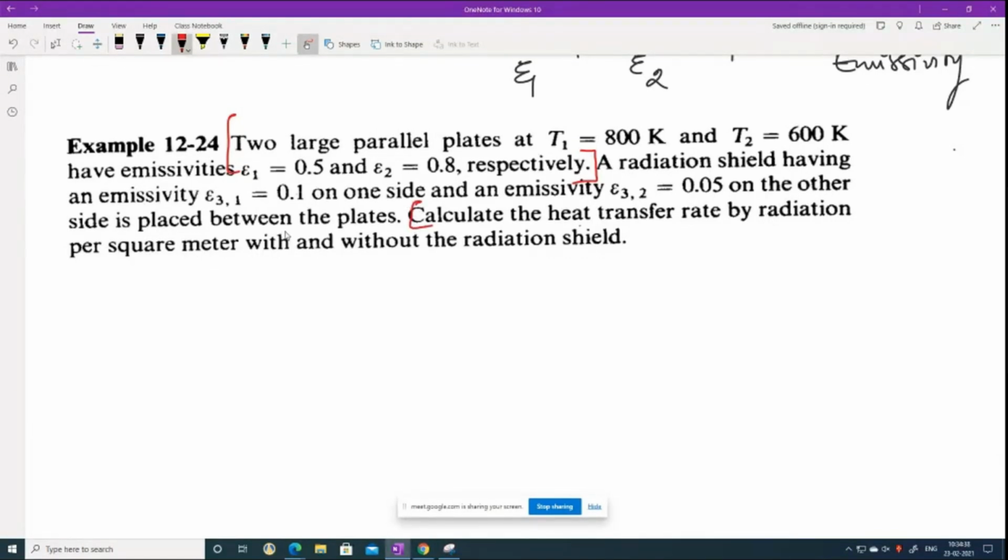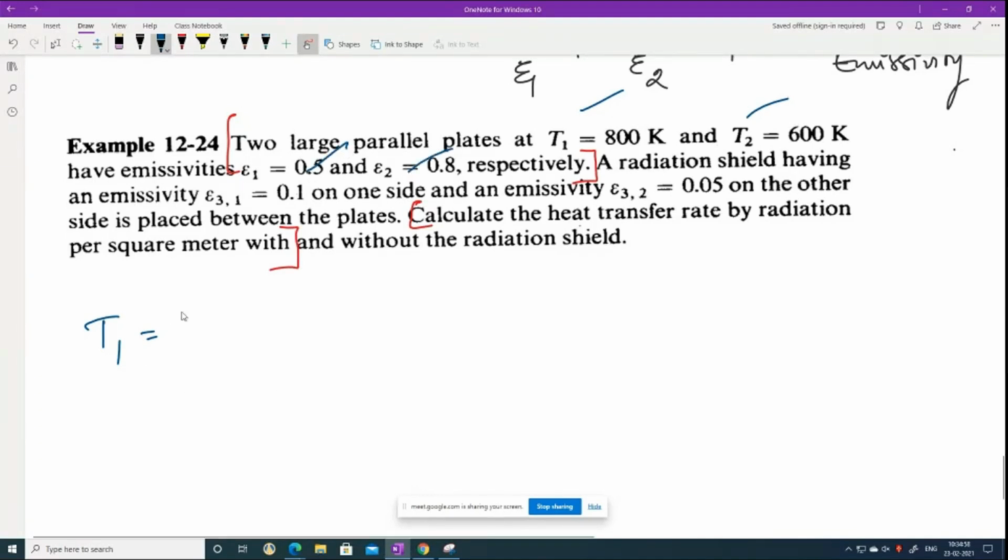Without radiation shield, we will see later on also. Here in this question, he has given the T1 value, the T2 value, the epsilon 1 value and the epsilon 2 value. So it's a simple thing.